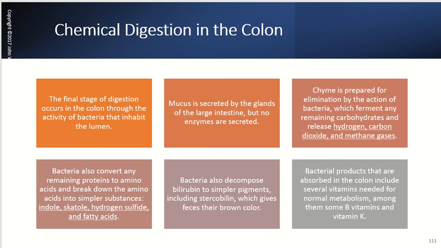The bacteria in the colon are also going to produce products that are going to be absorbed in the colon, and these are going to include several different types of vitamins that are needed for normal metabolism. These are things like B vitamins and vitamin K.